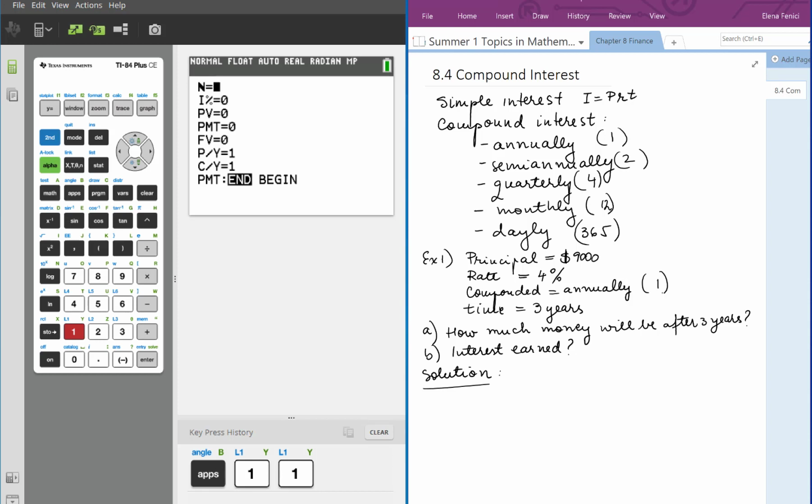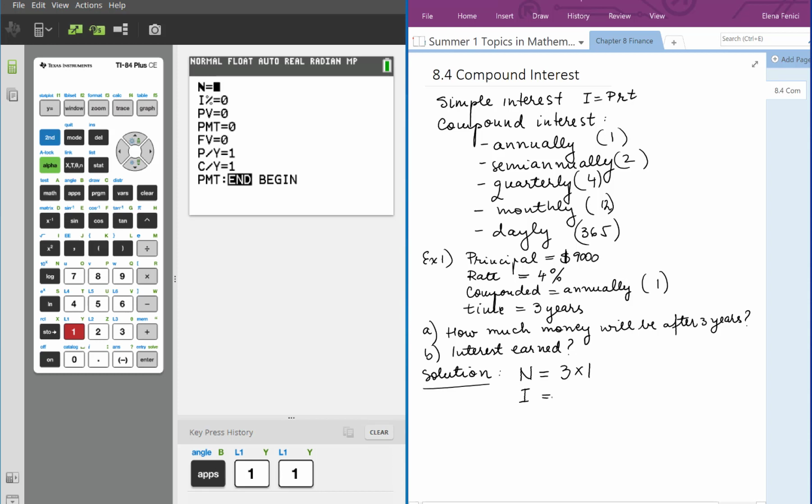So this is how I'm going to expect you to write your solutions when you show work on a test. First of all, N equals the number of times the interest is computed. So it's actually 3 times 1, because it's 3 years and it's compounded annually, which is 3, of course.